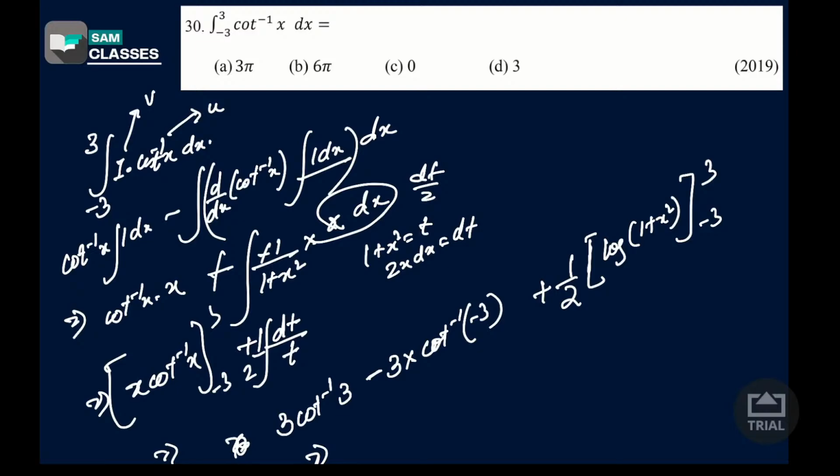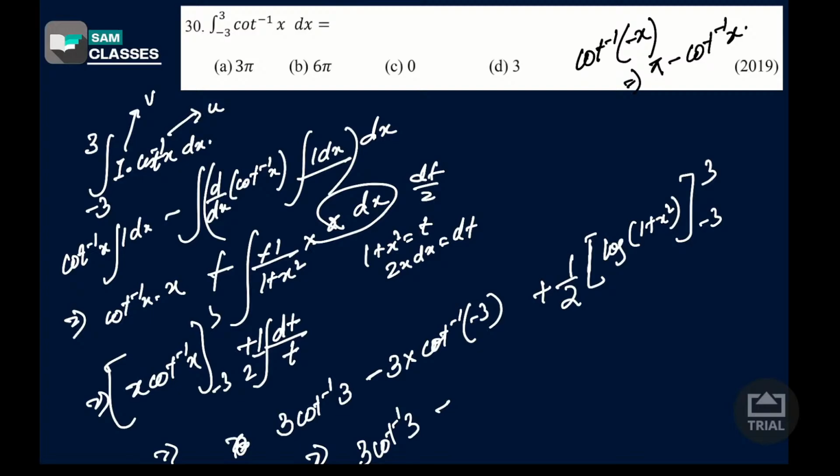Now everybody, this is a good question. They wanted us to know the formula for cot inverse of minus x. So if you remember, cot inverse of minus x is nothing but pi minus cot inverse x. Pi minus cot inverse x. Okay. So 3 cot inverse 3 minus, into minus one more.